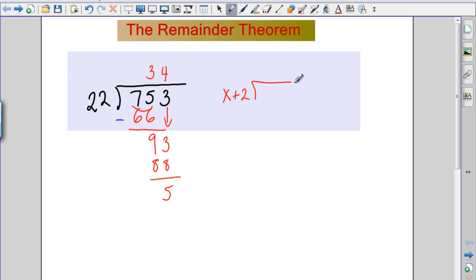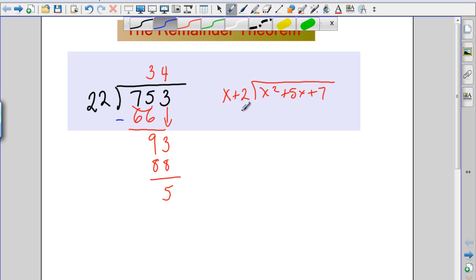Let's take a binomial like x plus 2 and divide it into a trinomial x squared plus 5x plus 7. Now the same process occurs, we're just dealing with letters. We do have a binomial here, but really all we're concerned about is the first term of the binomial. And we are looking at the first term of the dividend.